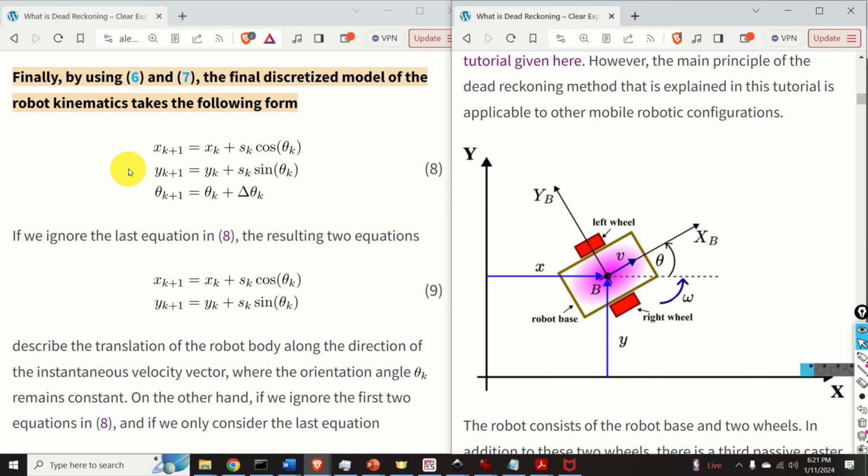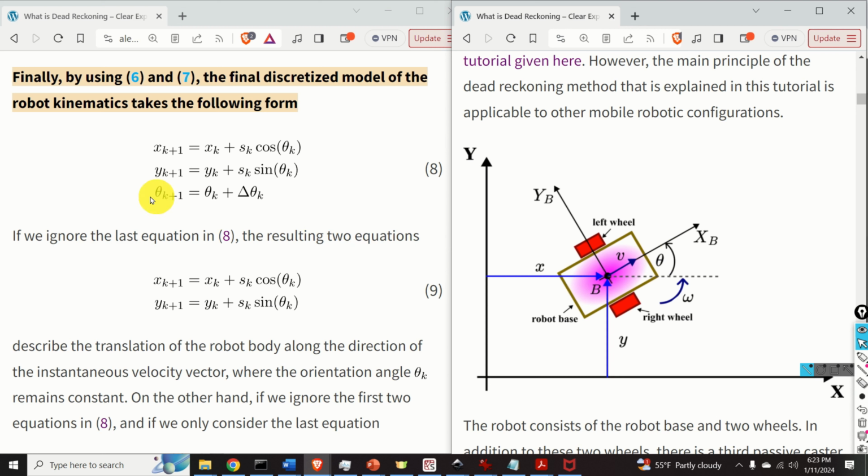The model consists of three equations. The first equation describes the change of the x-coordinate of the robot base in time. The second equation describes the change of the y-coordinate of the robot base in time, and the third equation describes the change of the orientation angle of the body coordinate system in time.